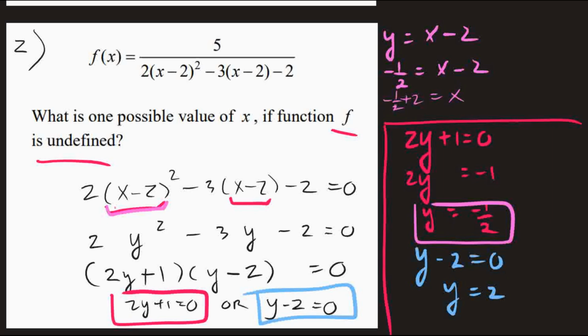Now x is equal to minus half plus 2, which is 3 over 2. So the first value of x is x equals 3 over 2, or, let me erase this one.